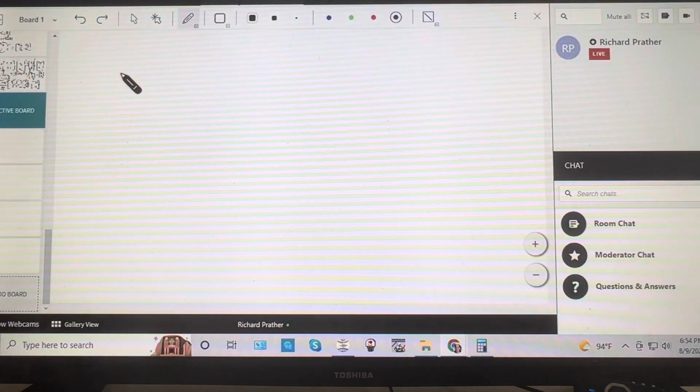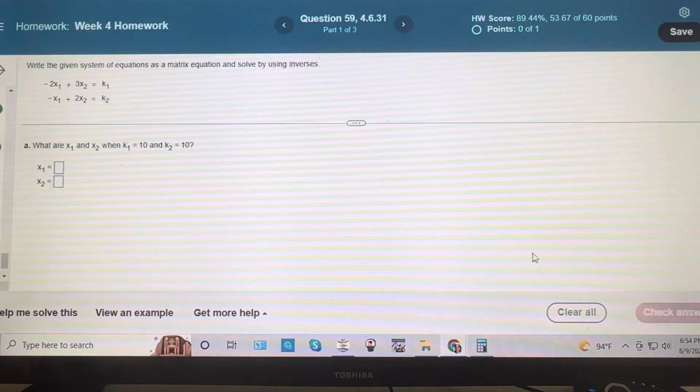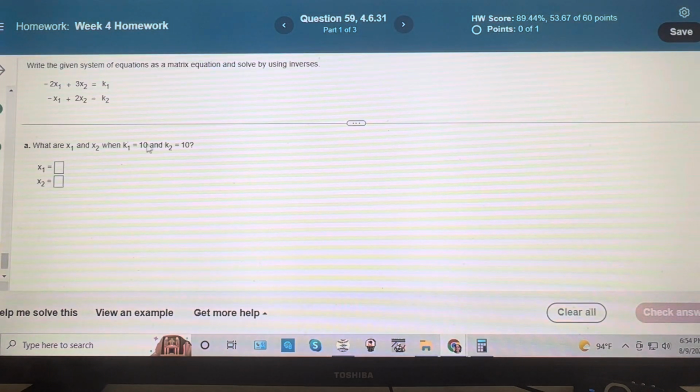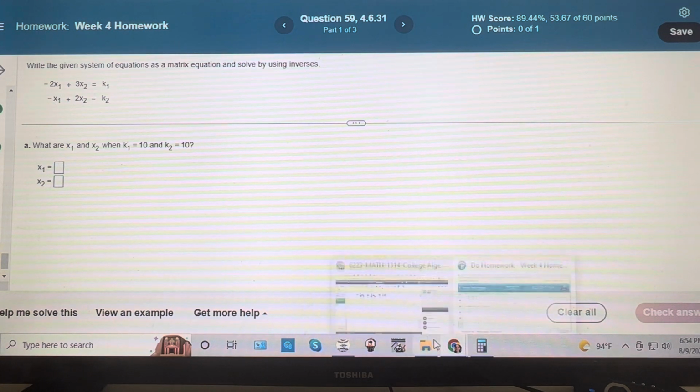So negative 2x1 plus 3x2. For some reason that equals 10, and they're telling me separately, instead of just putting a 10 there, they're telling it to me separately. They said if k1's 10, why don't they just put the 10 there? Negative x1 plus 2x2.